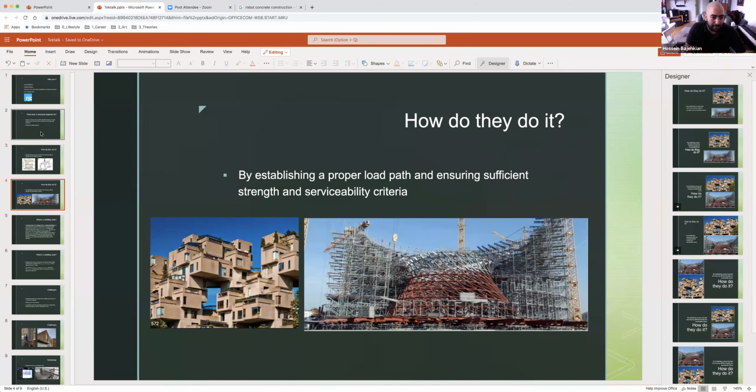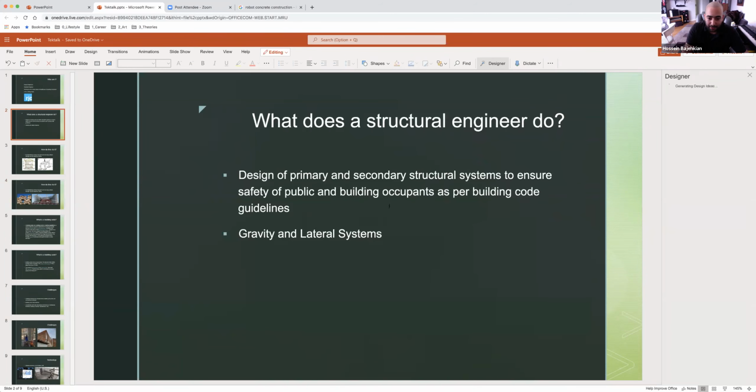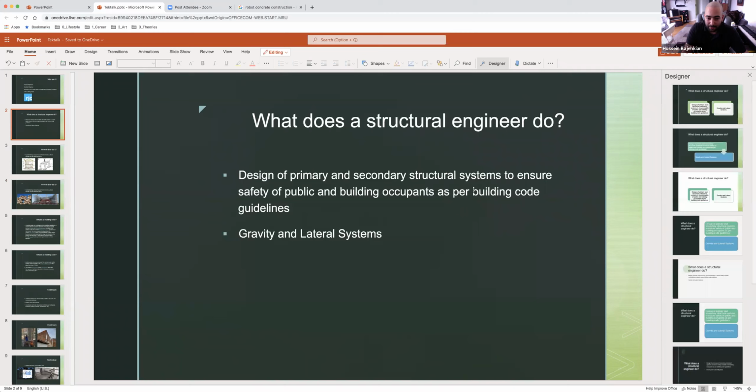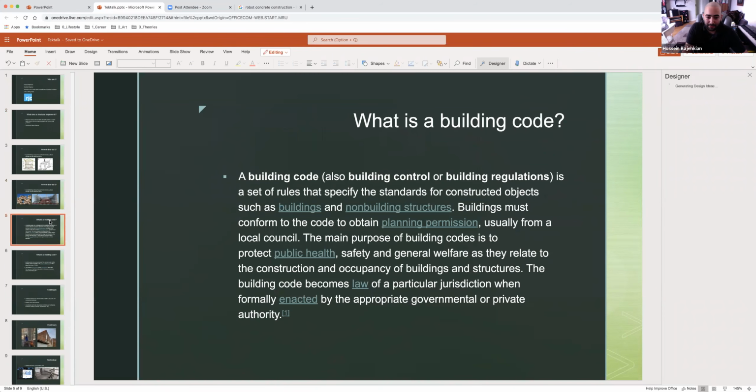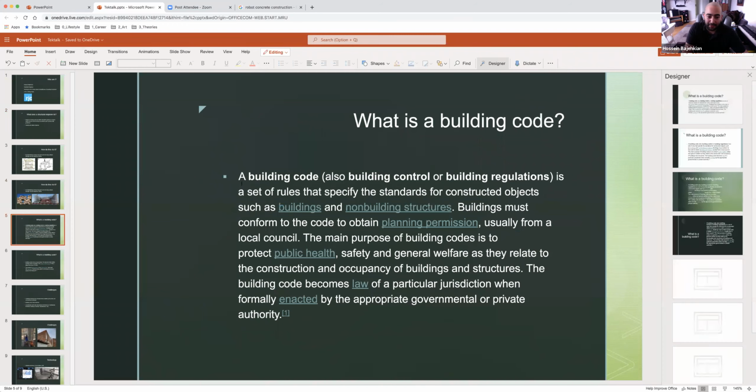And then I mentioned building code. I don't know if anybody ever talks about building codes, but for us it's probably, if not the most important thing, one of the most important things that we deal with. So what is a building code?